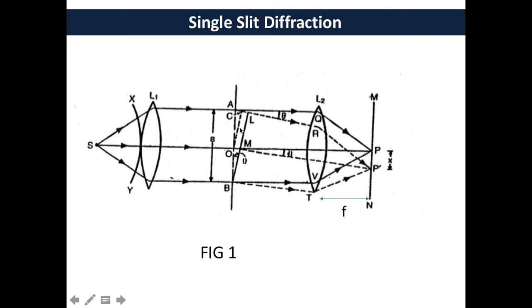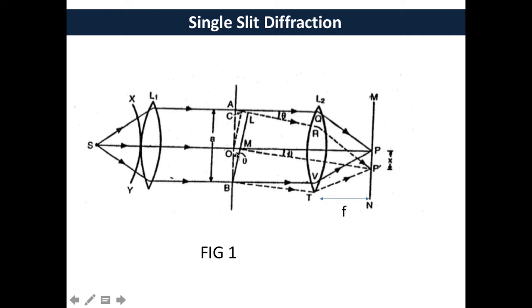The path difference between the secondary waves emanating from the extreme points A and B is a sine theta, where a is the width of the slit, angle ABL is equal to theta.